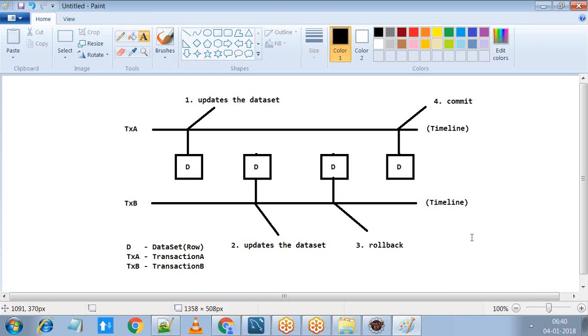The intention of transaction B is to just undo the changes which it did. But when you call the rollback on the data set, all the changes done to it will be undone.